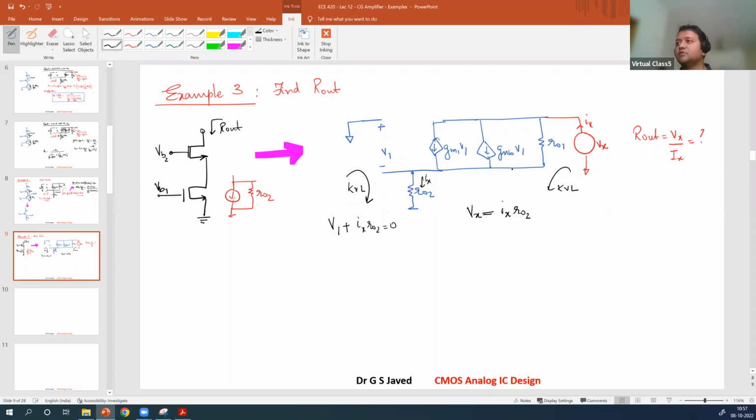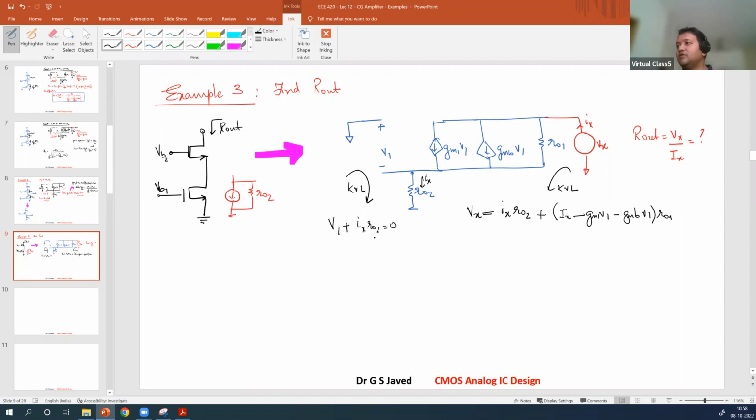You have covered this portion. Now find out this portion. What is that value? Ix minus these two currents, GM1 V1 minus GMB V1. This current minus these two currents is the current flowing through this resistor, now multiplied by RO1. So this is this.